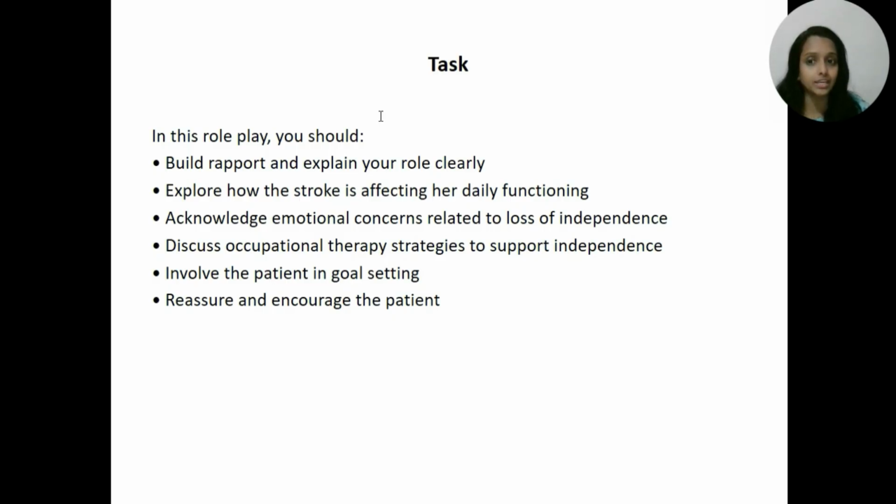Examiners reward this heavily. And also, if you see, the response never sounds like a doctor or physiotherapist. It consistently focuses on the daily activities, independence, home function, and confidence. So, this shows strong professional identity, which OET examiners look for.